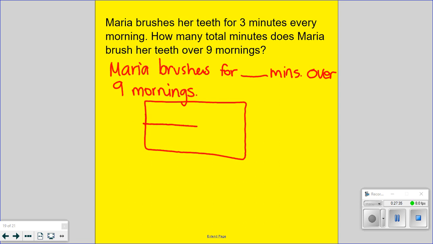No, we don't know my total. I don't know how many minutes. What do I know? Bryson, what's something I know? You know that she brushes her teeth for 3 minutes every morning. So we know every morning is going to be 3 minutes. What else do I know?